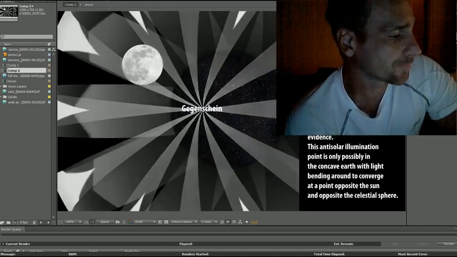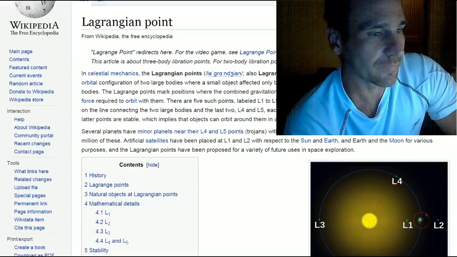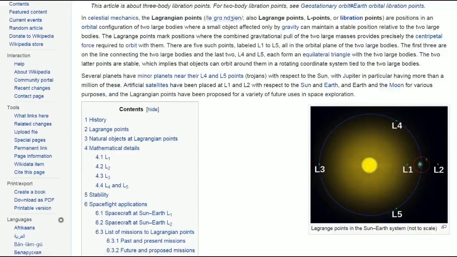I can show you that over here. The Lagrangian point number 2 here. See, this point here is opposite. This is a heliocentric model, of course, but here's the Earth. Now, think about this.